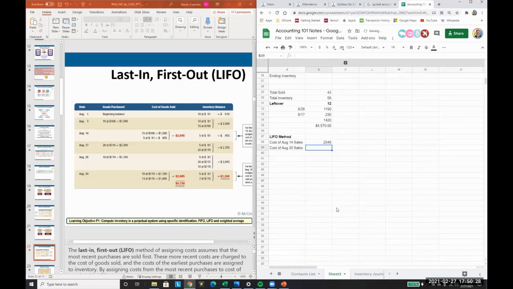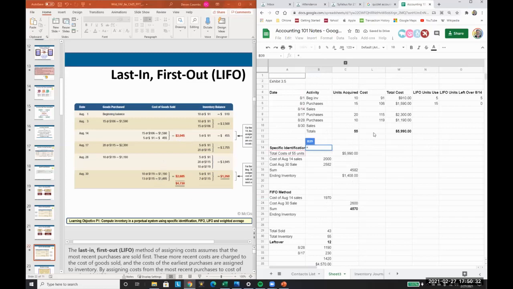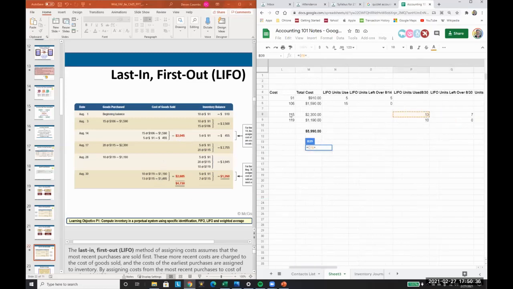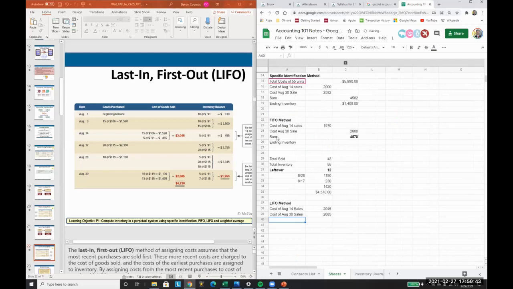That's 2,045. And then we'll do the same here. Amount used times the cost per unit plus the amount used times the cost per unit equals our 2,685. Our total costs here are 4,730.